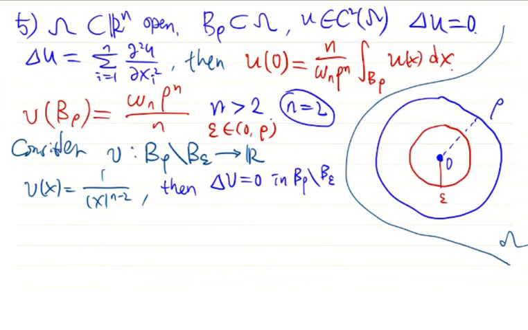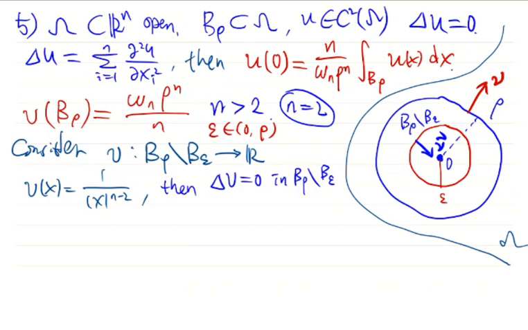The directional derivative of v with respect to the outward normal vector: on the sphere of radius rho it points outward, and on the sphere of radius epsilon it points inward, with respect to our domain B rho minus B epsilon.